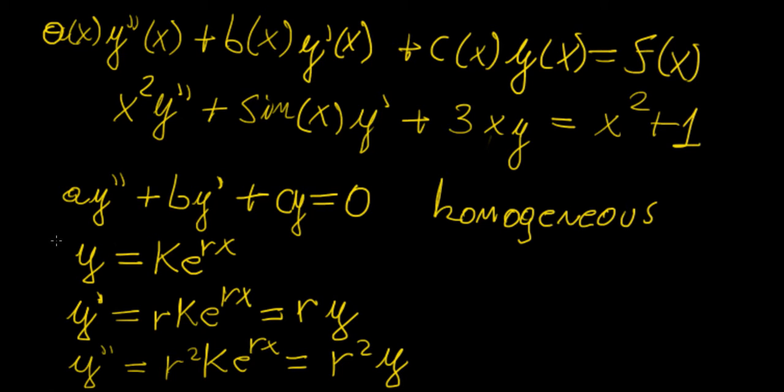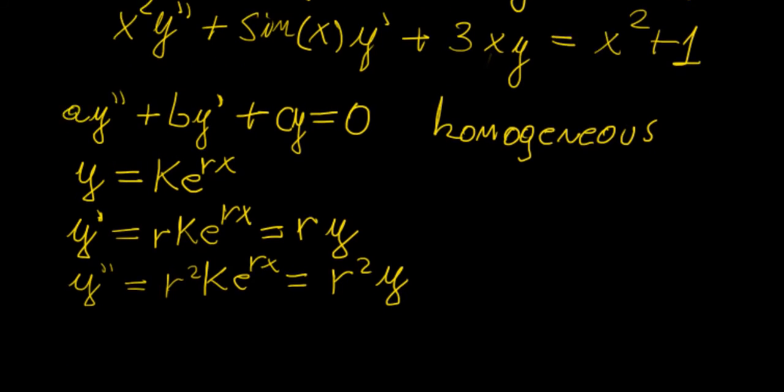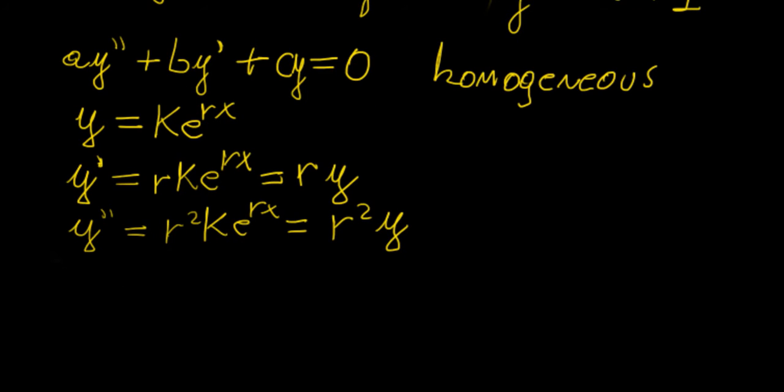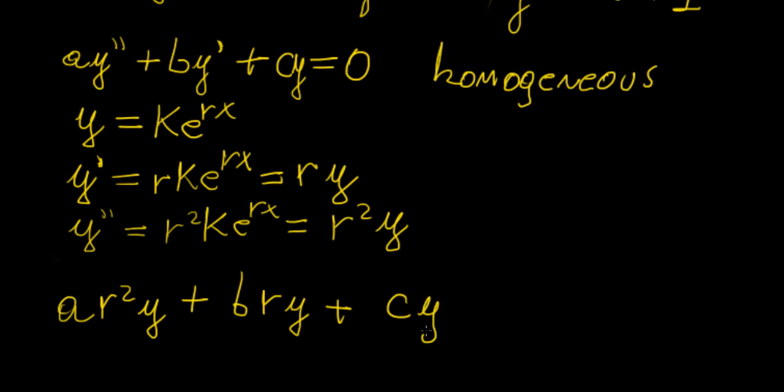So if we grab all these derivatives and put them back into the original equation, we're going to get a times r squared y plus b times ry plus c times y equals 0. And immediately we notice that the solution y vanishes, it just goes to 0.